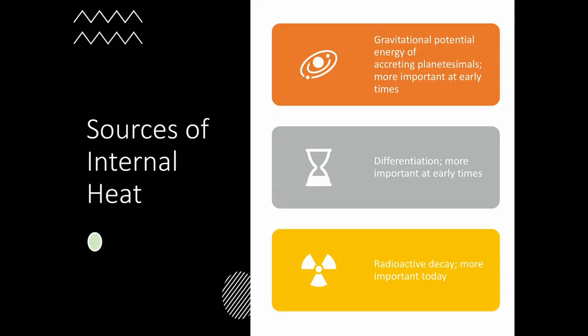But again, that's only going to be able to provide you enough heat to power your planet's geologic activities right after it formed. So we think today the heat that's being generated by our planet is from the radioactive decays of elements closer towards the center of the planet.